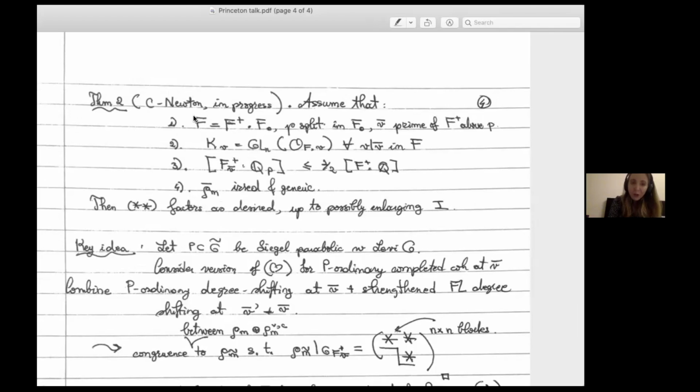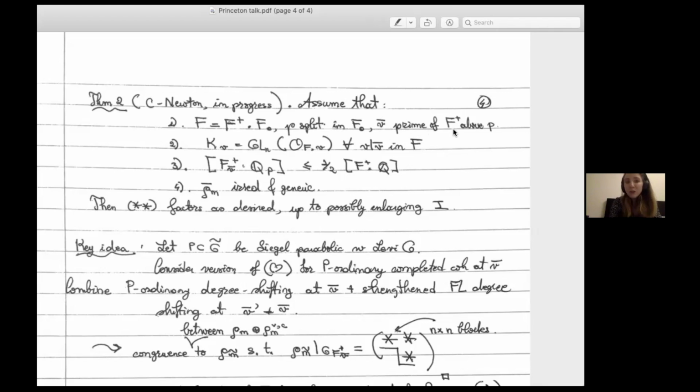So I want to start with a CM field that is a composition of a totally real field and an imaginary quadratic field. And I want to assume that my prime p splits in the imaginary quadratic field. And then I want to choose a place v of F plus above this prime p.